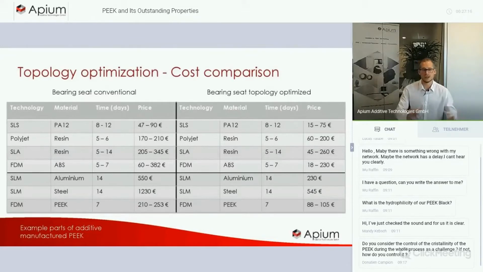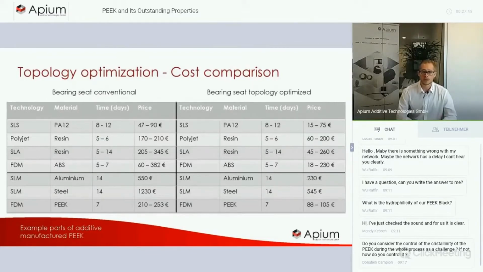And therefore you see a table which is basically comparing the costs. On the left side, we see different technologies, SLS, PolyJet, SLA, FDM, with also different materials for the conventional seat. And on the right side, we compared it with the topology optimized seat. The only thing on this table which is a bit not satisfying is we couldn't compare milling, because nobody wanted to mill the topology optimized bearing seat.